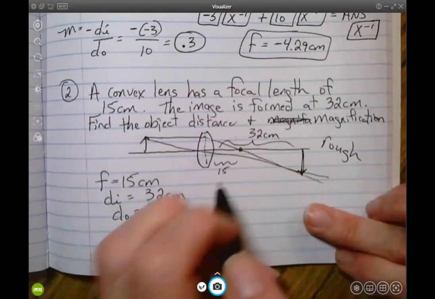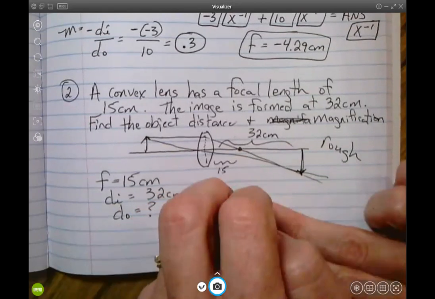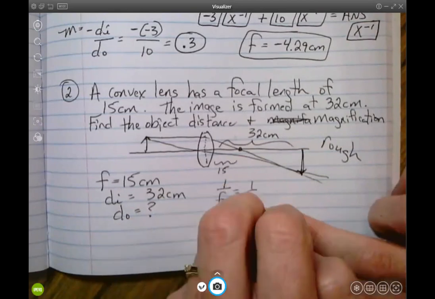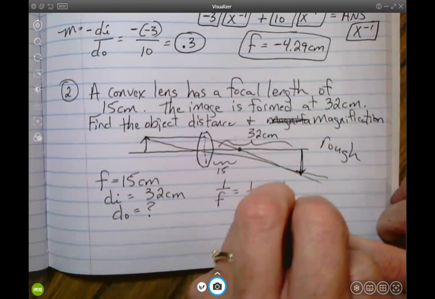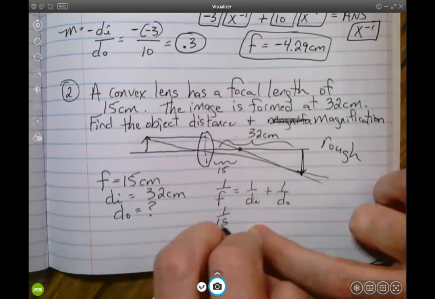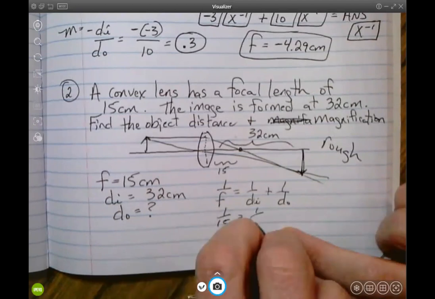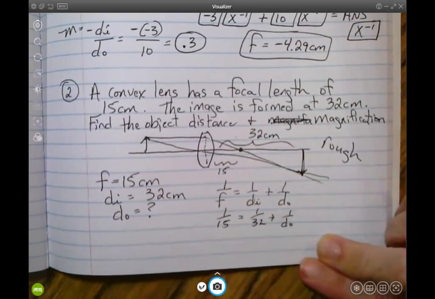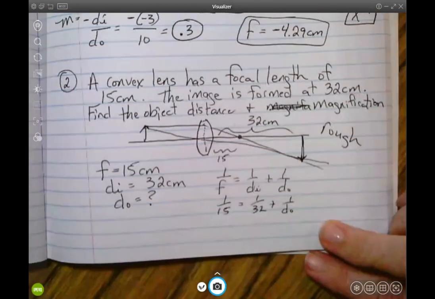So we know that 1 over F equals 1 over DI plus 1 over DO. So I've got 1 over 15 equals 1 over 32 plus 1 over DO. You're going to use your same reciprocal buttons, if that makes sense to you.